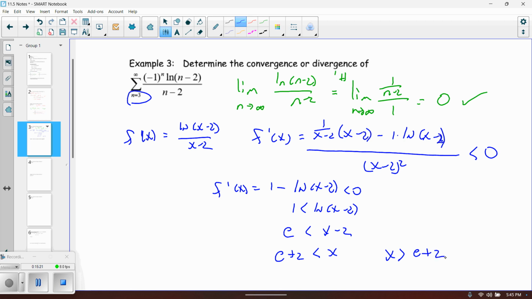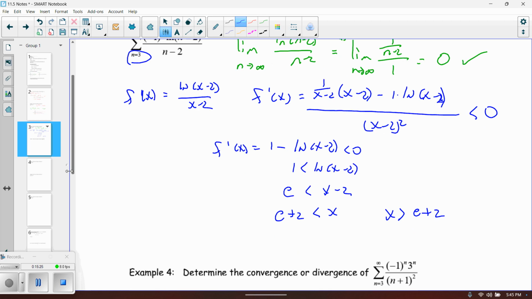Well, again, e is about 2.71 or so, so that means that x has to be bigger than, I don't even know how you say bigger approximately. Never thought about that before. But let's just change it this way.